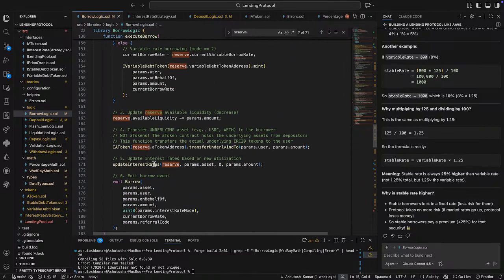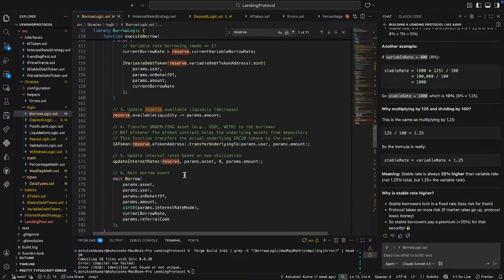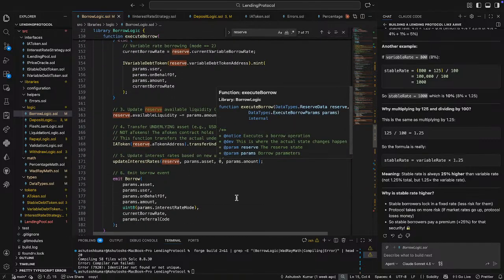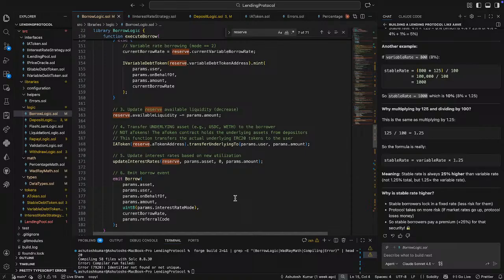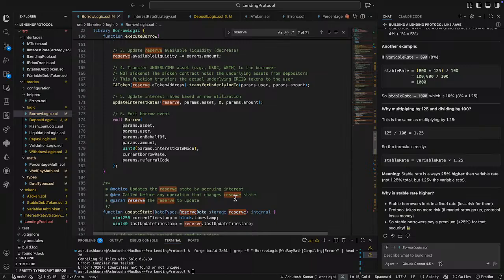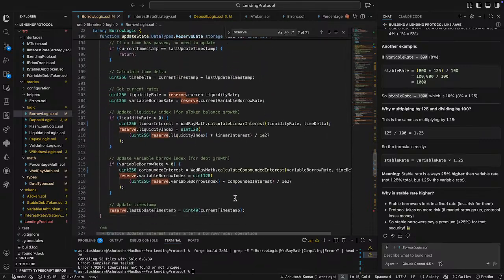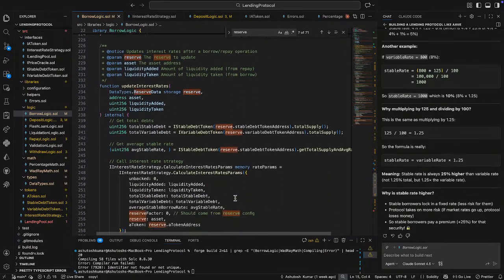So let's say if we are borrowing, liquidity is in, and if we are... Why is there a need of asset?